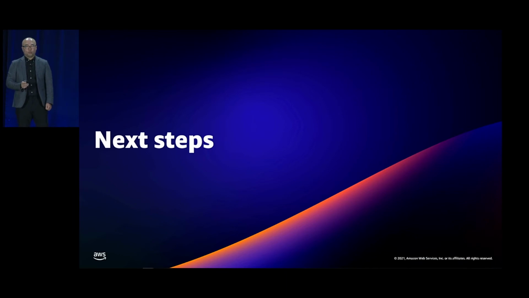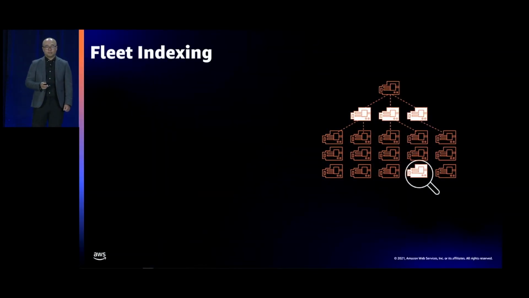Let's recap what we have covered today and how we can get started with fleet indexing and Fleet Hub for AWS IoT device management. So fleet indexing helps you search devices by querying the index based on the last reported attributes or state.